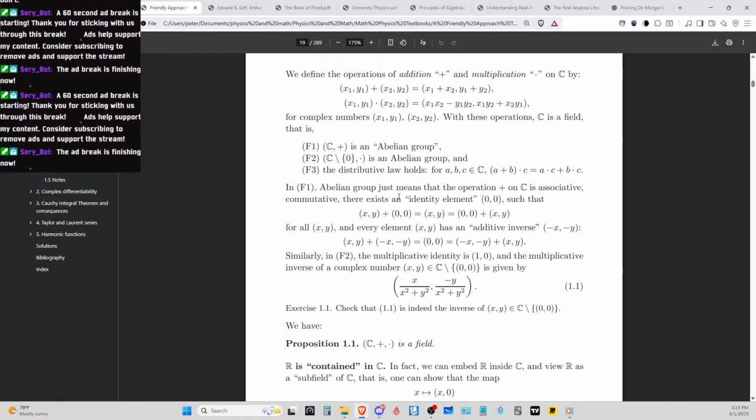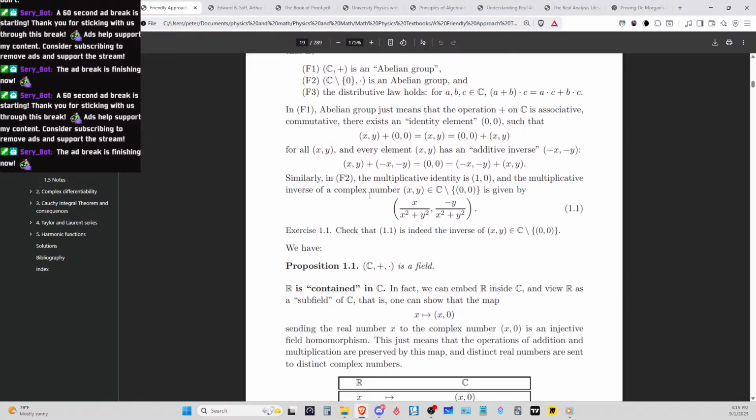There exists an identity element, and every element x and y has an additive inverse.